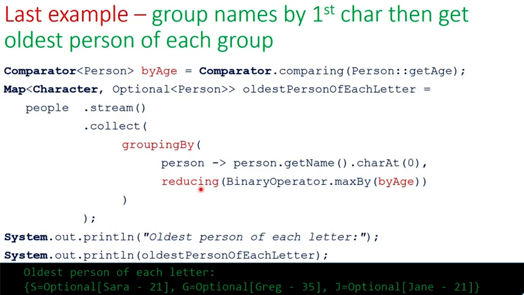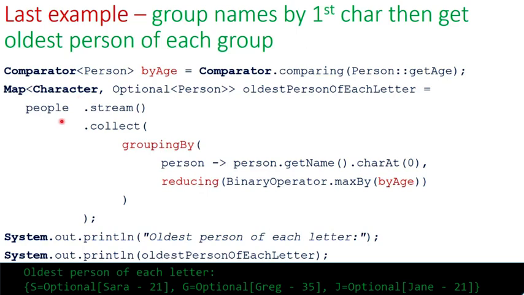It's possible that your reduction returns nothing. You could not process the lambda that you pass as a parameter and get a result out of it. So that's why it's an optional. So we have two differences between this slide and the previous one at the level of what the values in the map are going to be. In the previous slide, they were a list. In this slide, they are an optional of person.